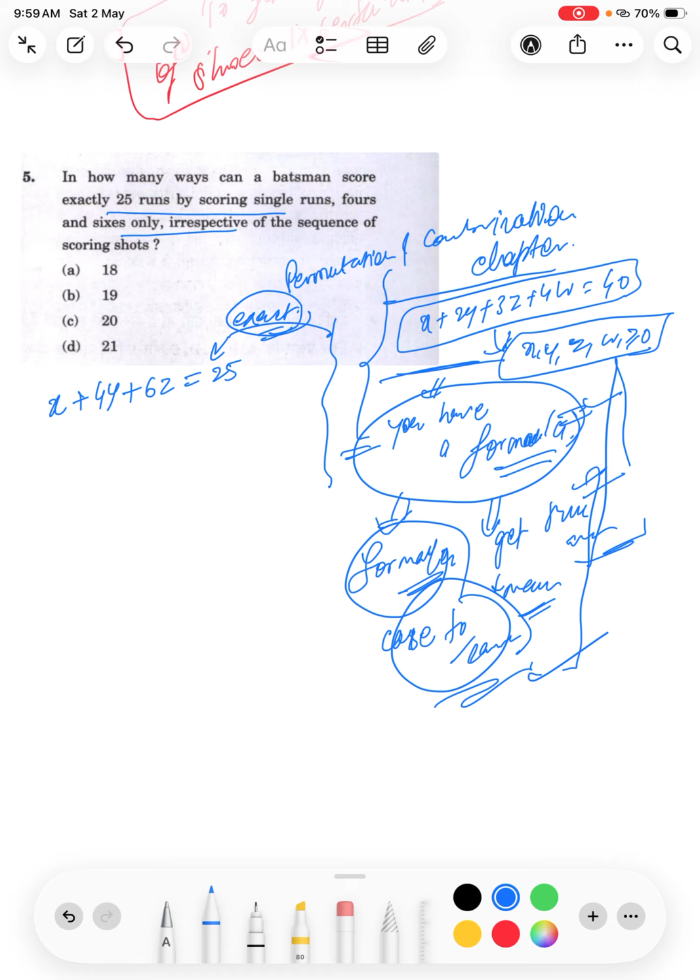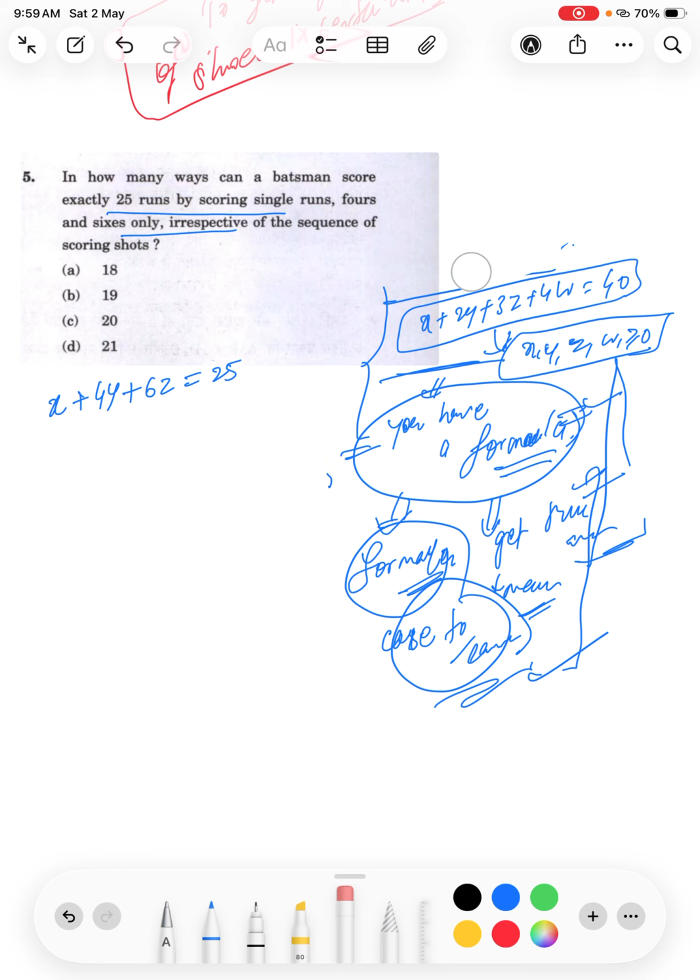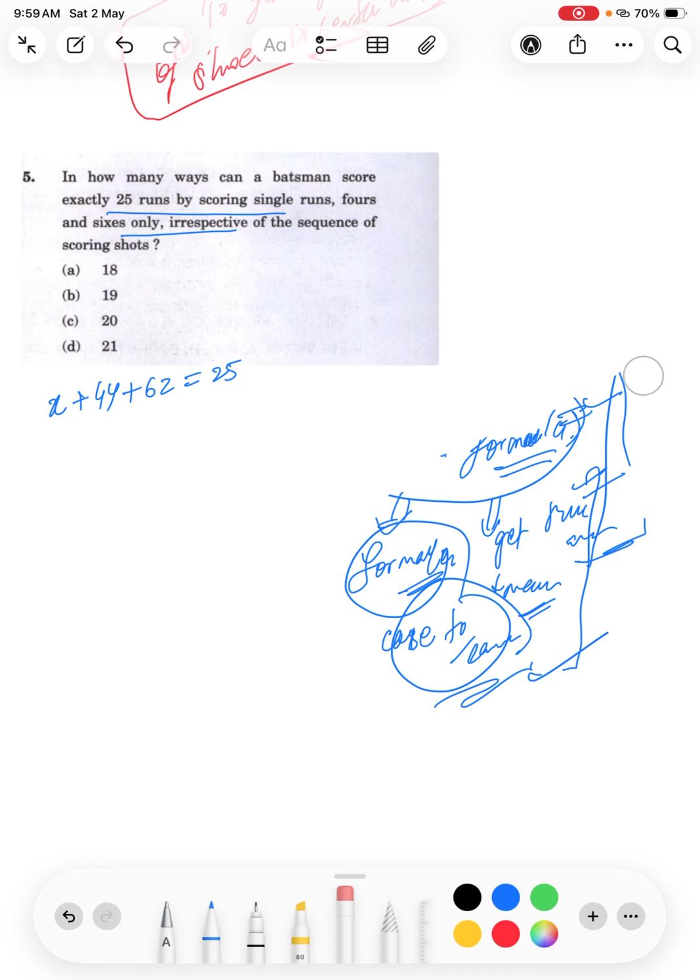So let's solve this question without using any complex formula.